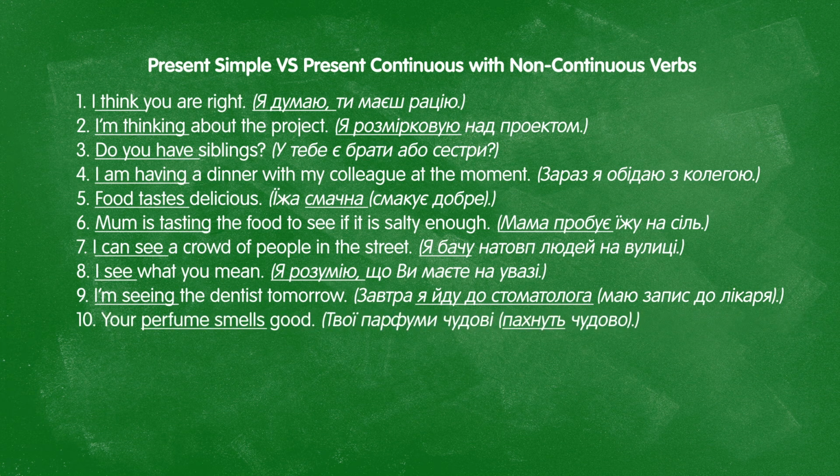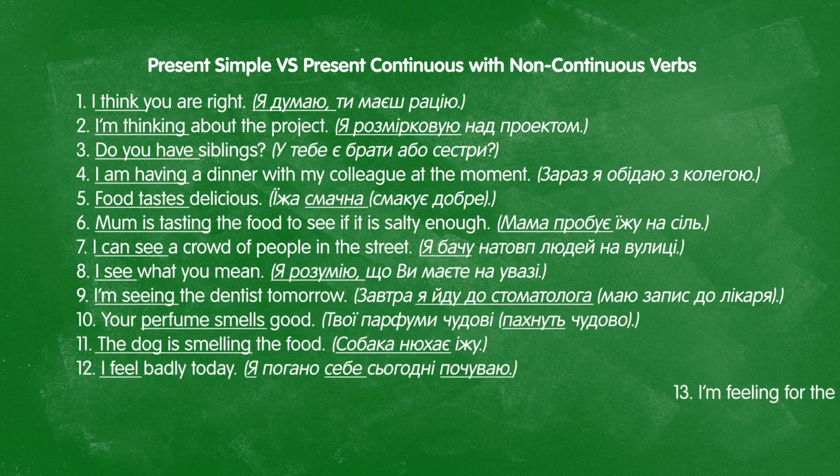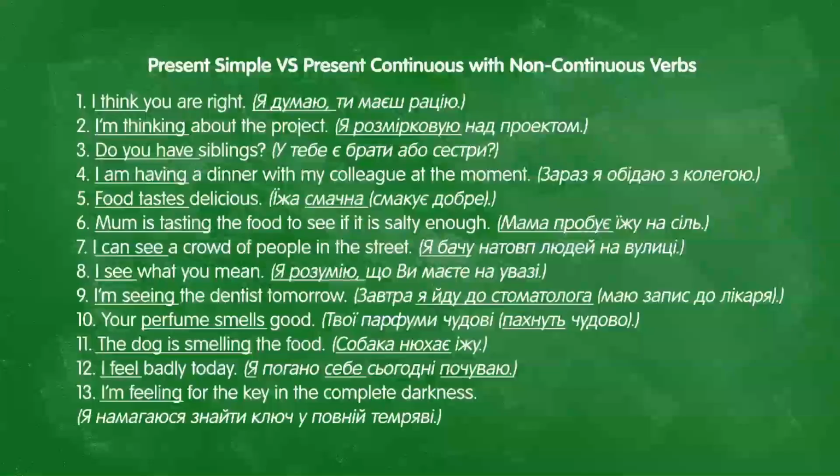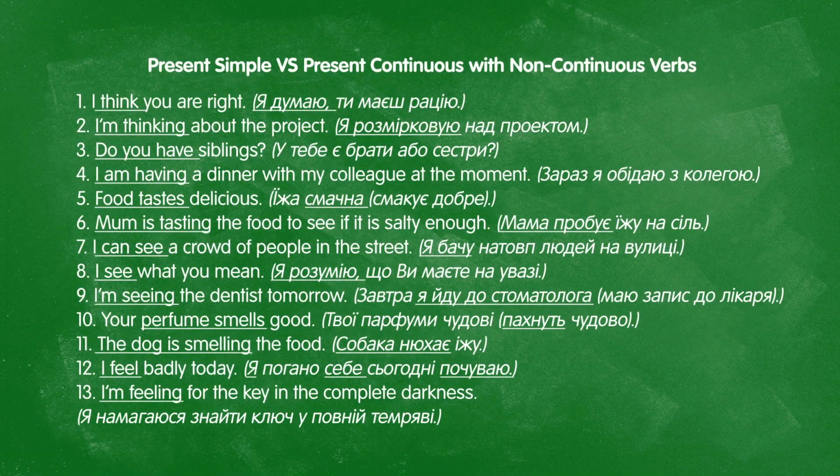In the next examples, your perfume smells good, and the dog is smelling the food. In the first one, I'm saying that your perfume smells good. And just like in the first example, if we wait 10 minutes, hopefully, your perfume will still smell good. But the dog may not be smelling the food in 10 minutes.